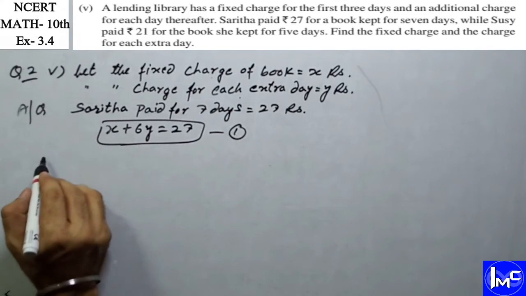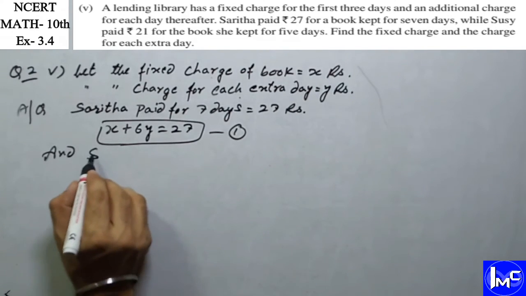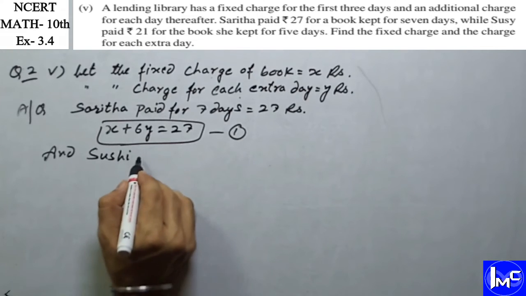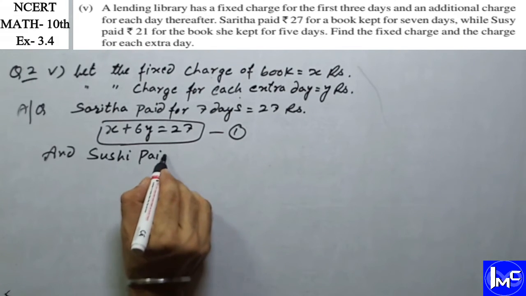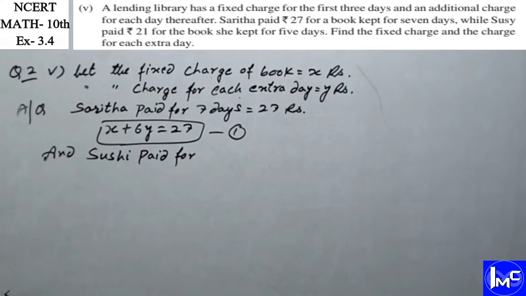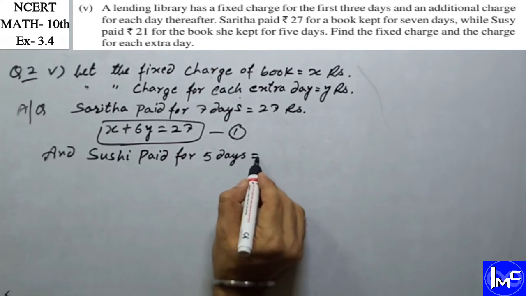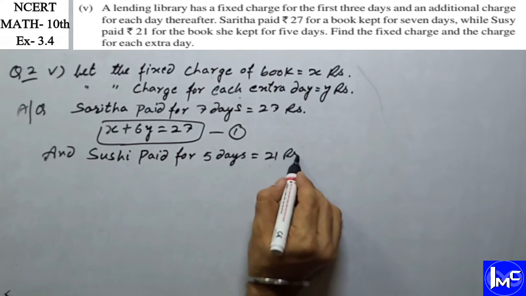And now the second condition is for Sashi. Sashi paid rupees 21. Sashi paid for how many days? For 5 days. She had paid rupees 21.